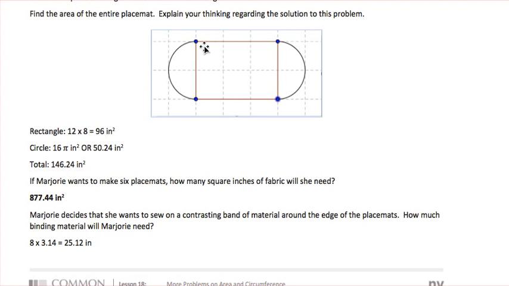And then we have the two long sides, which were 12 each, so 24 for the long sides. And we add those two measurements together, and get 49.12 inches per placemat.